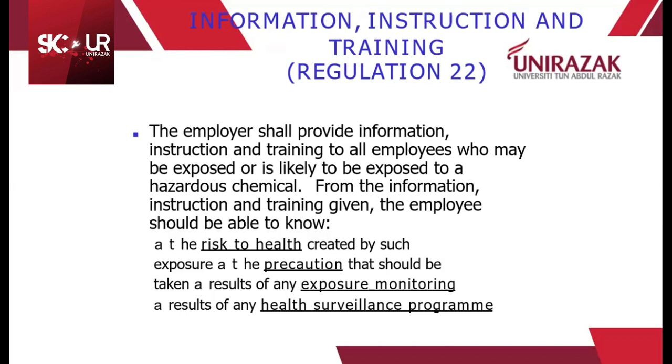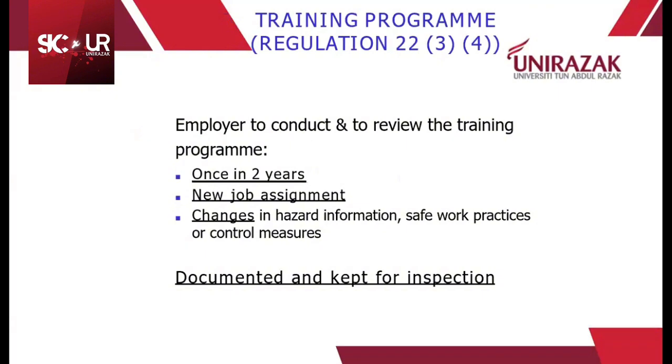From the information, instruction, and training given, the employee should be able to know the risk to the health created by such exposure, the precaution that should be taken, a result of any exposure monitoring, a result of any health surveillance program. Employer conduct to review the training program once in 2 years, new job assignment, change in the hazard information, safe work practice or the control measure.